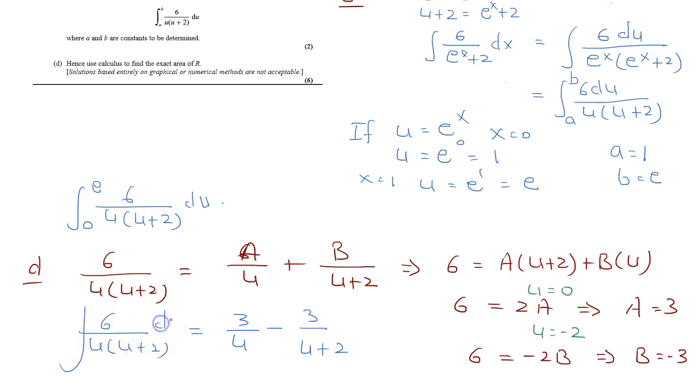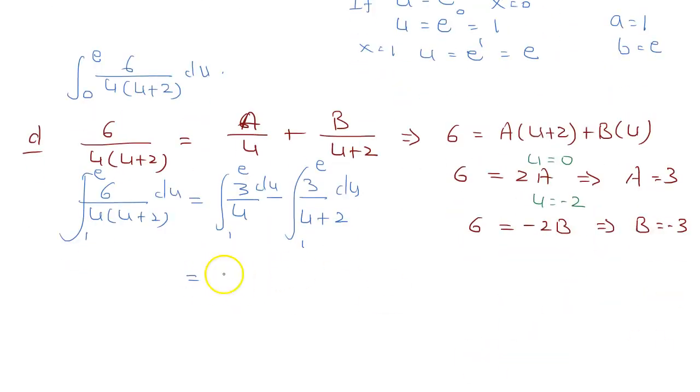So if we integrate, and now because it is a limit, the limit is 1 to e. So this is equal to 3, 1 over u is ln u, 1 to e, minus 3 ln u plus 2, 1 to e.